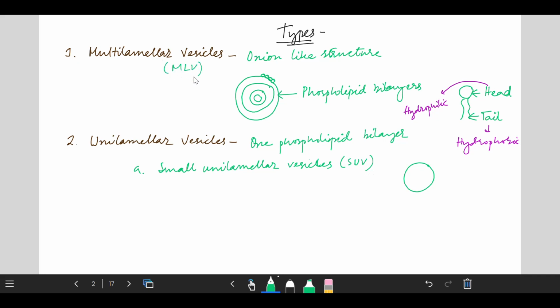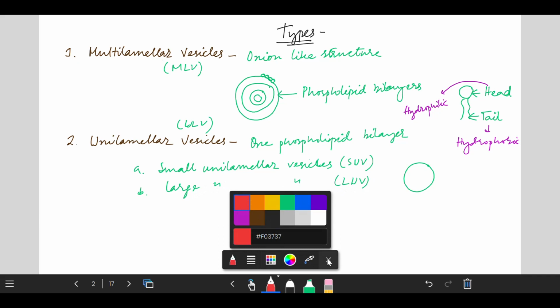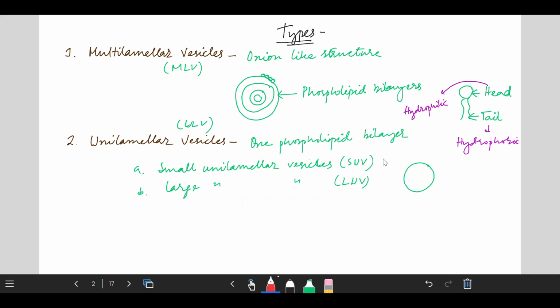This is MLV, this is ULV, and large unilamellar vesicles or LUV. They actually differ in the size. Simply in the size, this is less than 100 nanometer in diameter, and this is more than 100 nanometer in diameter.